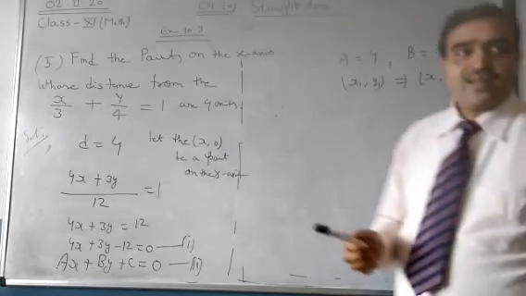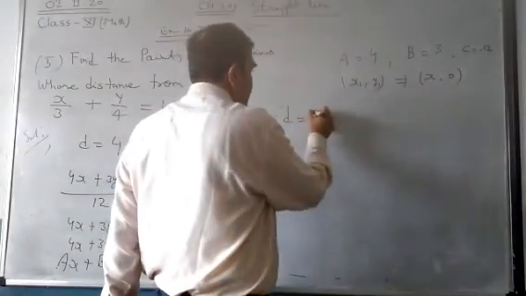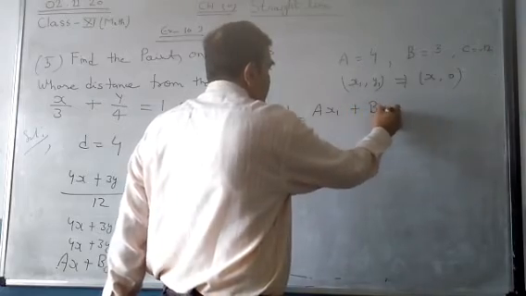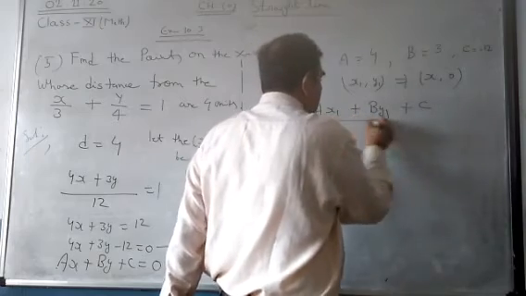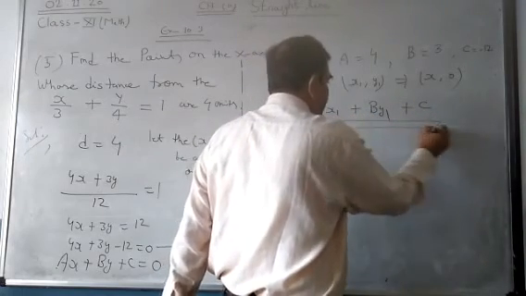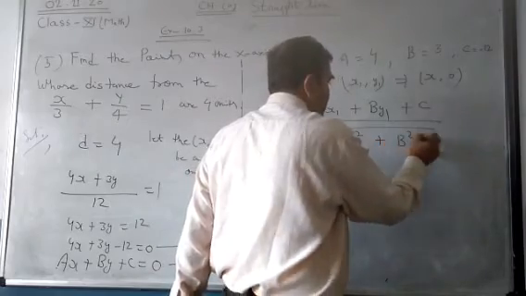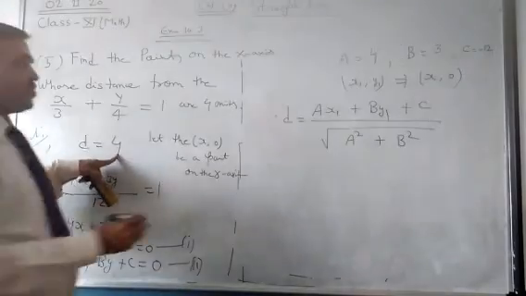Now putting in the formula, you know d equals |ax1 plus by1 plus c| upon under root a square plus b square. d is given as 4.